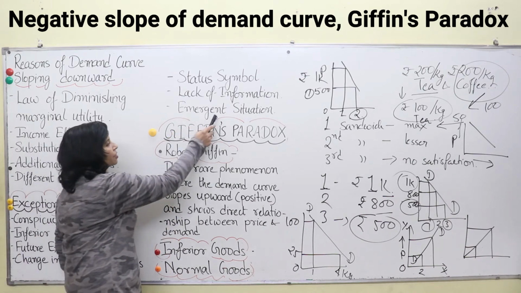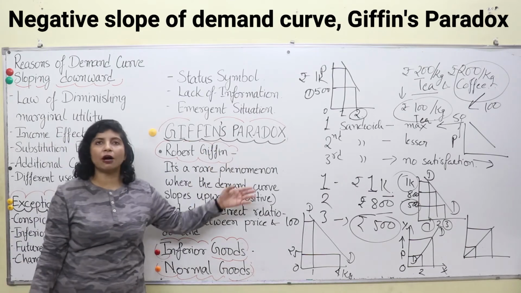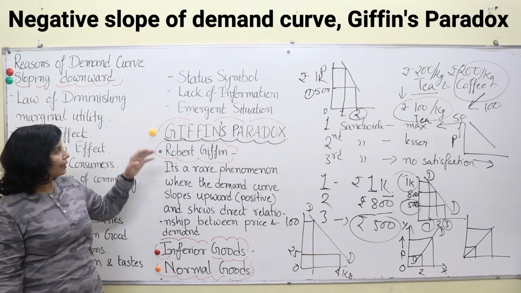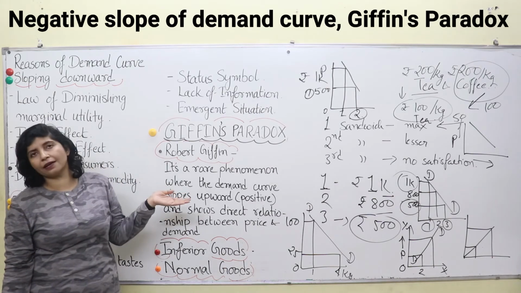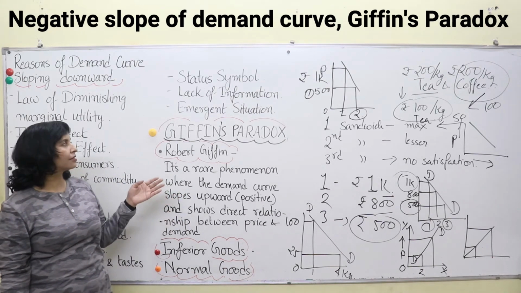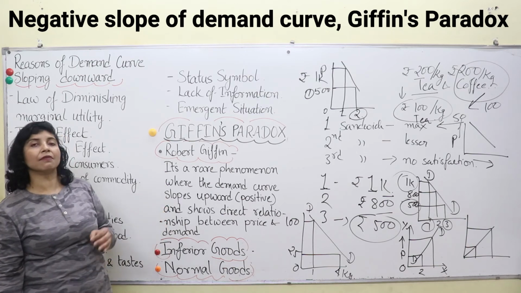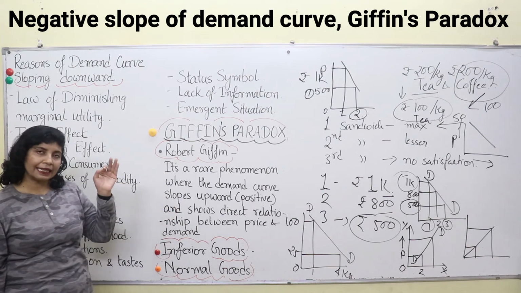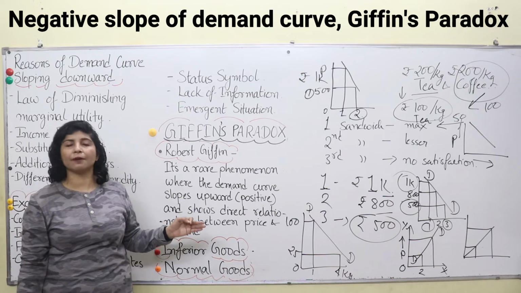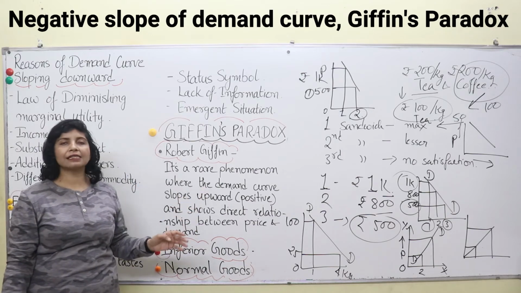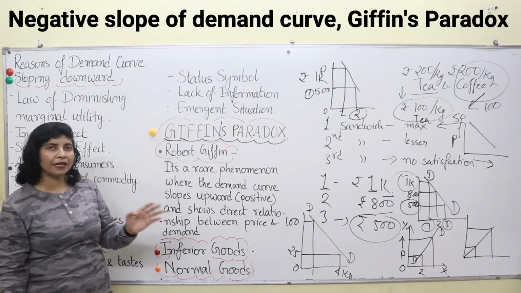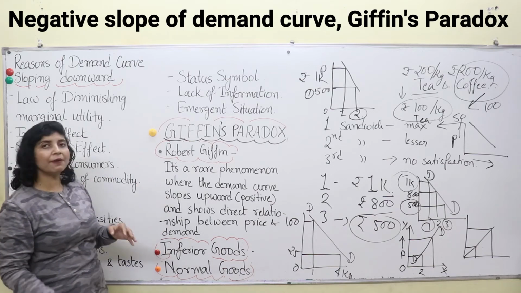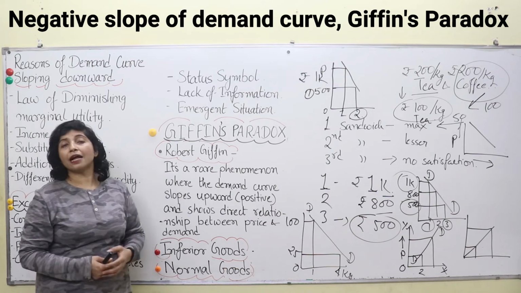The emergent situation. Just now I had spoken about your Corona pandemic. In that situation, that was very emergent. Oxygen cylinders were scarce, masks were not available, and at the peak of that pandemic, masks, sanitizers, medicines, everything was sold at exorbitant prices, very high prices, and people purchased them in larger quantities also.